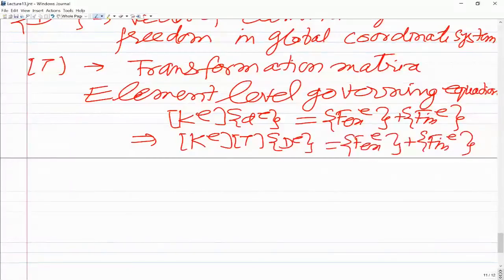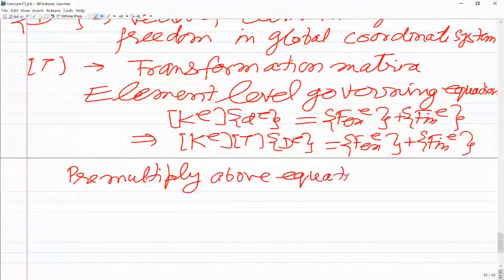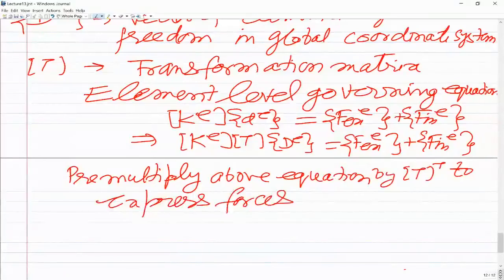So what we do is we pre-multiply the above equation by T transpose, superscript T is for transpose, to express forces, whatever forces we have, whether K into capital T into D, which will also give you forces, and external and internal are the forces, but they are with respect to local coordinate system.